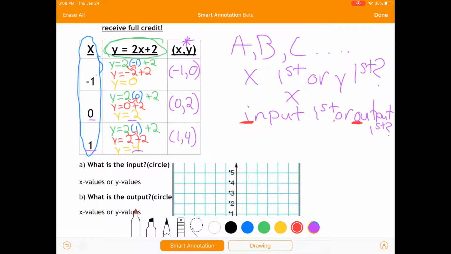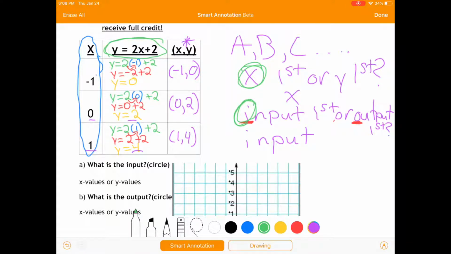I would. So input comes first. That's one thing you can think about: since our I came first and our X came first, they're going to be similar. So they're going to be the first thing we look at.